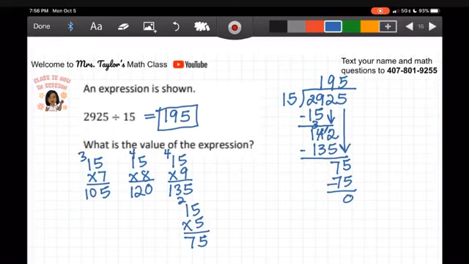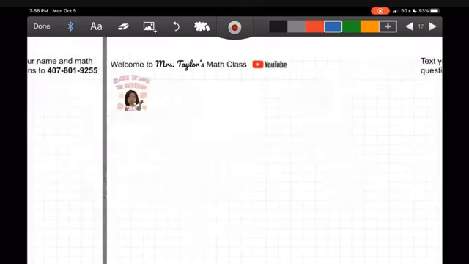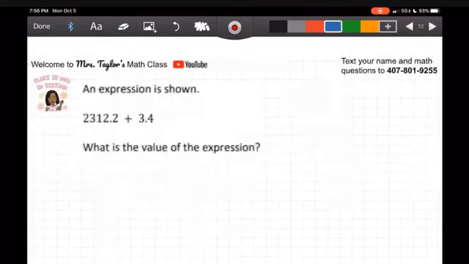Let's do another. So this problem here says an expression is shown, 2,312 and 2/10 plus 3 and 4/10. What is the value of the expression? So this is your basic addition. I think most 6th graders have already gone over this in their classes.